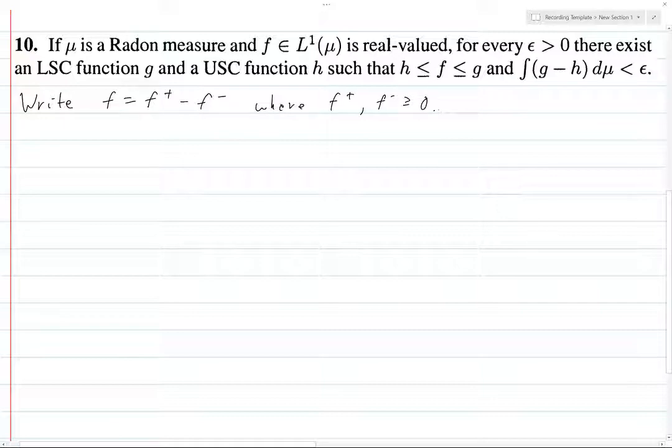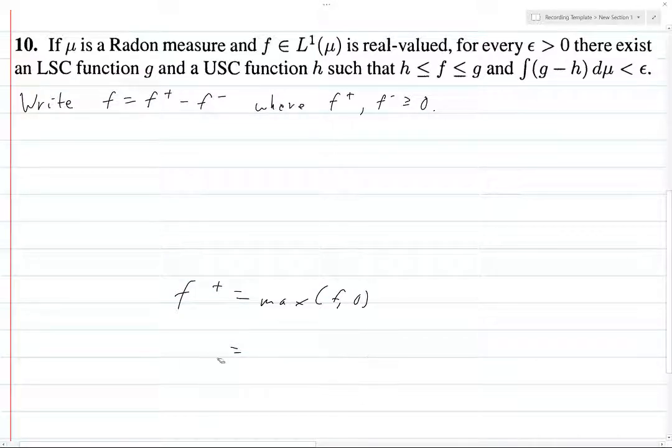This is the typical thing where you take f plus equal max of f and 0, and then you take f minus equal max of negative f and 0.